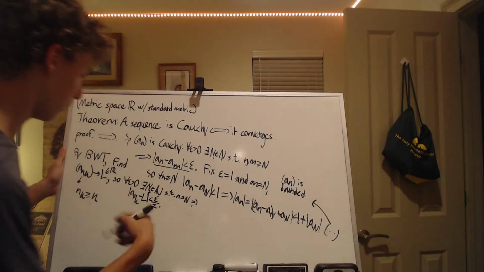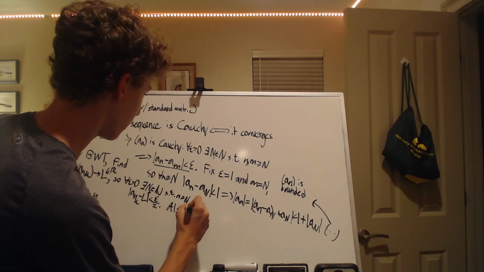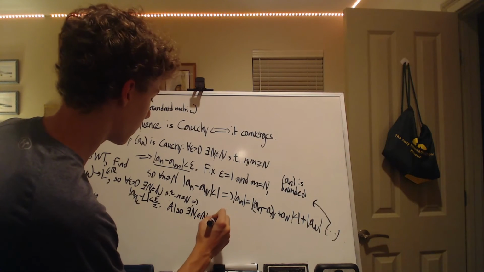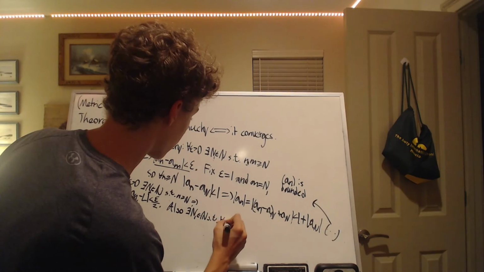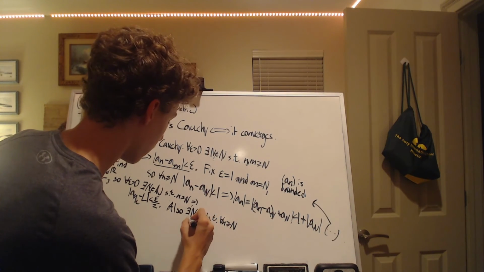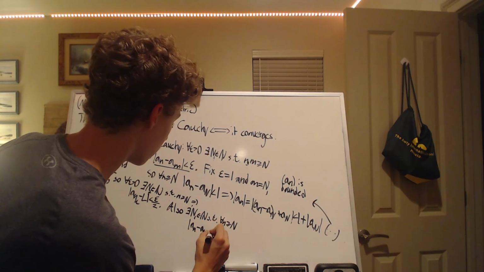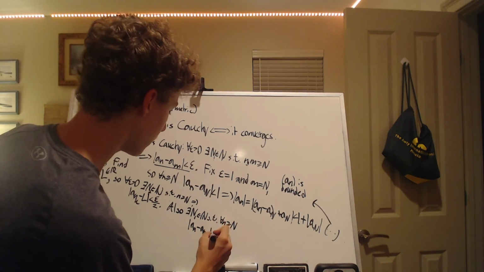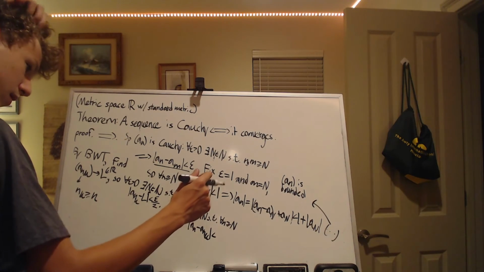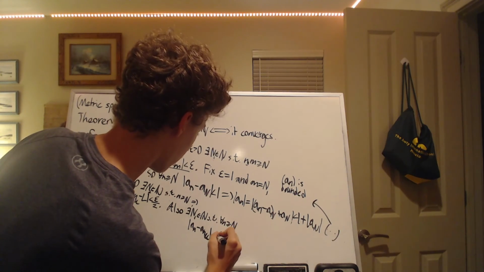I'll just summarize it: there exists a natural number such that for all n greater than or equal to it, we have that the absolute value of a sub n minus a sub n k is less than epsilon over 2.